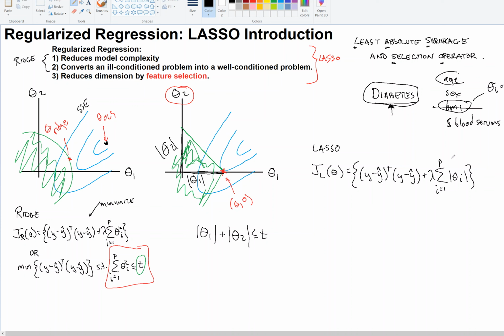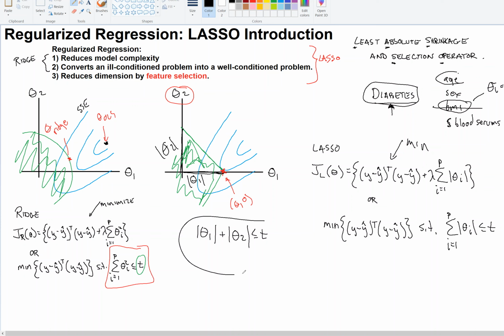And so that's going to be our penalization term. Or, written in that second form, this is our minimization problem. We can also minimize the sum squared error, so the ellipses, subject to a constraint on the absolute values. And that's what we said over here.